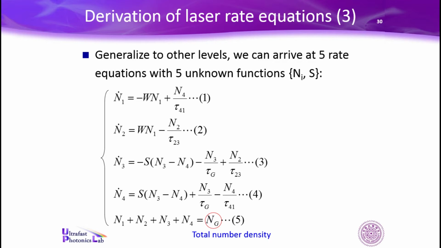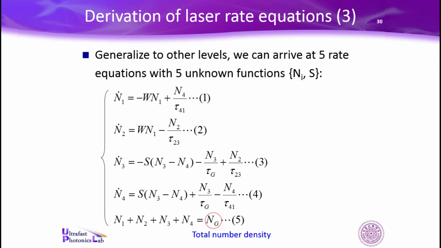Unfortunately, this is not enough because we all know if you have n unknown functions, you need n equations to solve them uniquely, right? 你有几个未知函数，你就需要几条方程式。How many unknown functions? Not 4, but 5. What are the 5 unknown functions? In addition to N1, N2, N3, N4, S is also unknown.